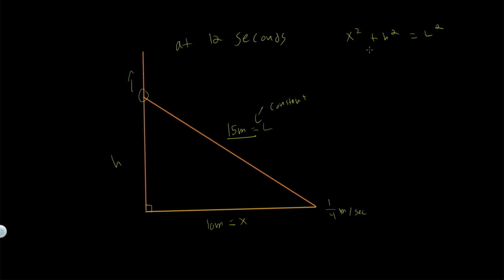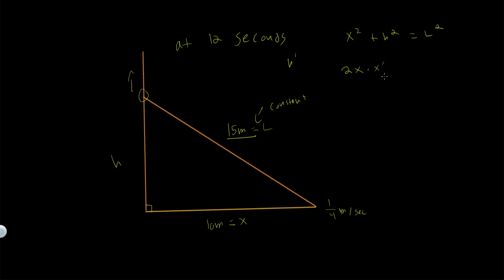Now, we want to figure out what h prime is, right? Because we want to figure out how fast the top is essentially moving up. So we want to figure out h prime. So we're going to use implicit differentiation, and we're going to take the derivative of both the left and the right. Well, the derivative of the left is first 2x, and then x prime.